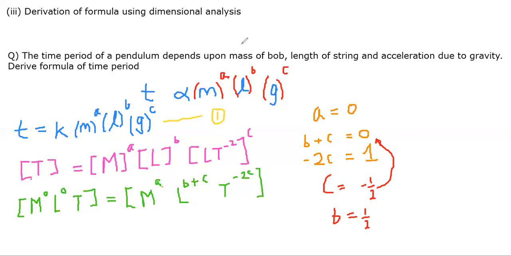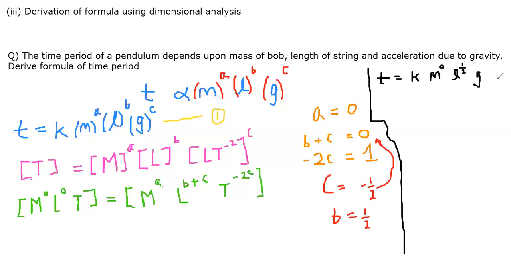So let us put the values here. T is equal to k, m to the power 0, L to the power b, and b is half, L to the power half, and last is g to the power c, and g is minus half.